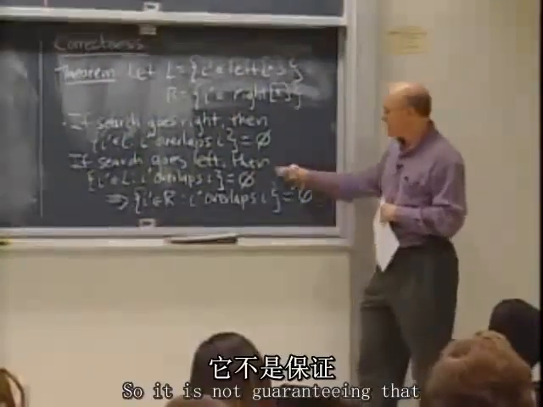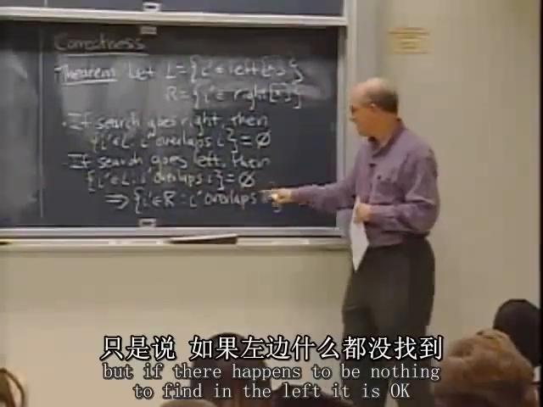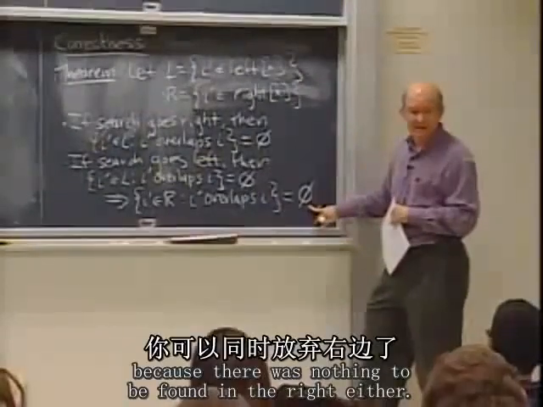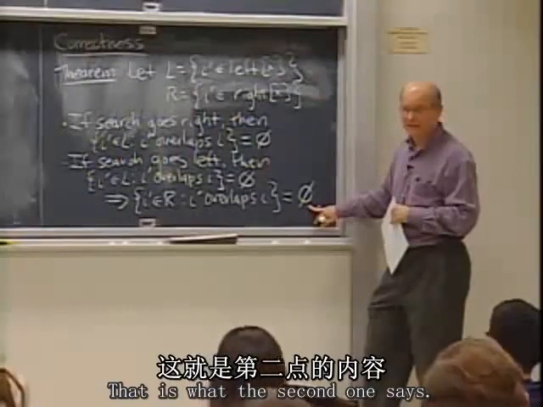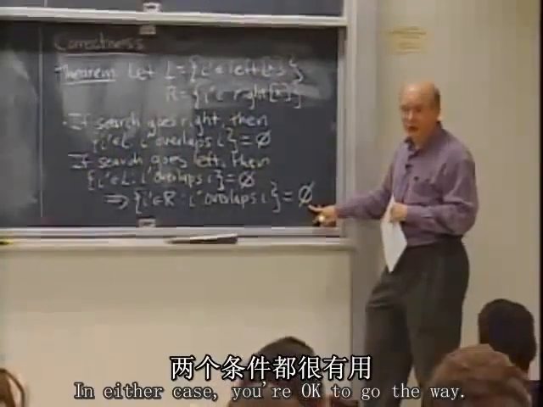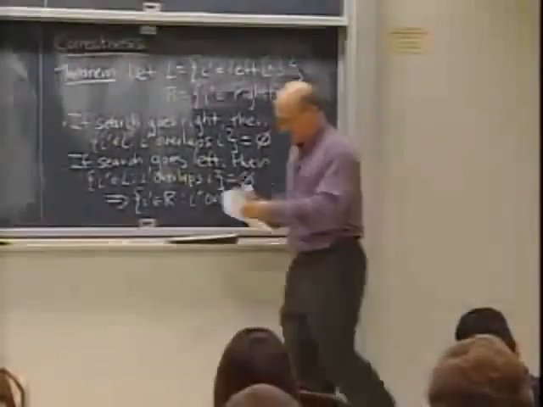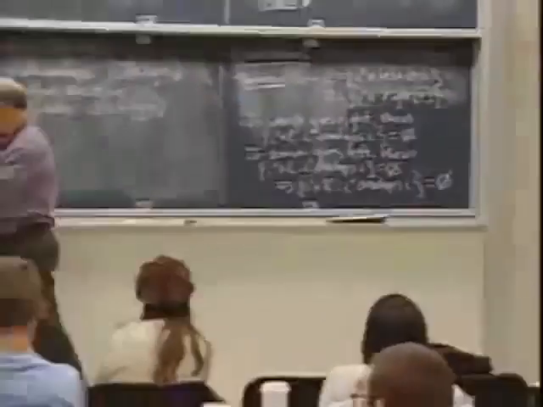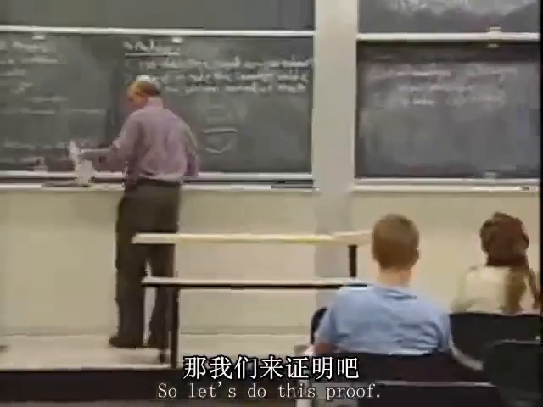So it's not guaranteeing that there's nothing to be found in the left, but if there happens to be nothing to be found in the left, it's okay because there was nothing to be found in the right either. That's what the second one says. So in either case, you're okay to go the way that you're okay to go.